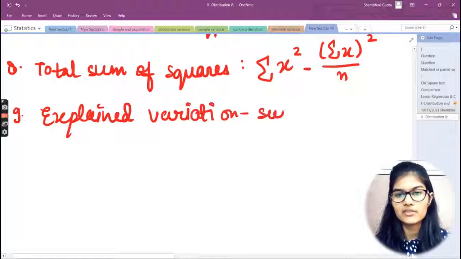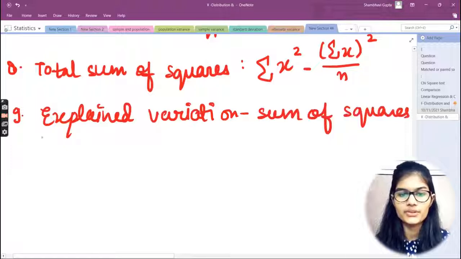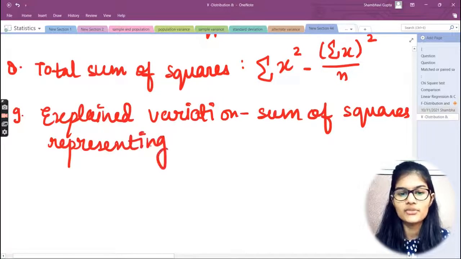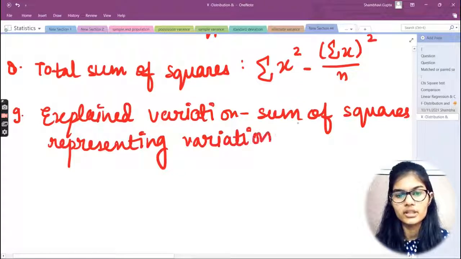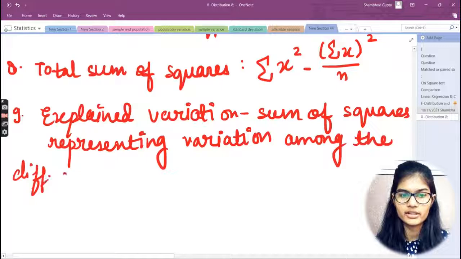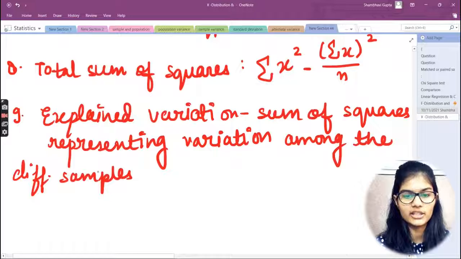Now that we have a sum of squares representing the variation among the different samples, that's completely the explained variation, and we could say that as SS between.